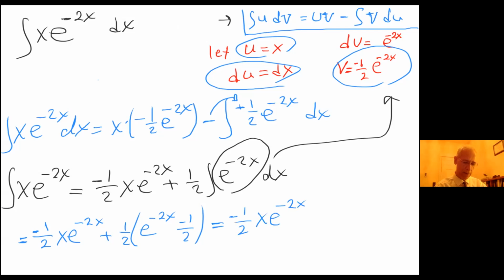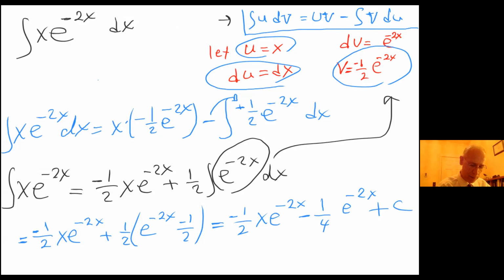And I do have -1/4 e to the minus 2x. Now I'm going to put plus c, because I'm pretty much done. Can I simplify this? Yeah, I have e to the -2x in both of them, and -1/4 is a common factor. Let's pull that out.